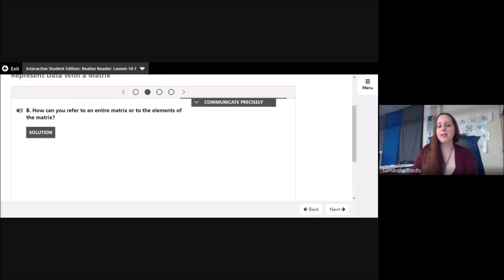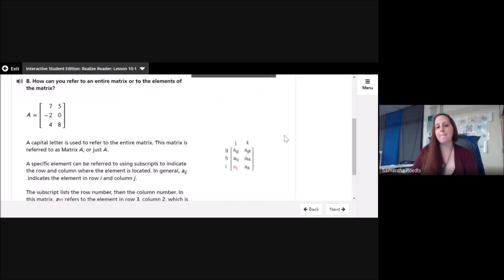How can you refer to an entire matrix or to the elements of the matrix? A capital letter is used to refer to the entire matrix. This matrix is referred to as matrix A, or just A. A specific element can be referred to by using subscripts to indicate the row and column where the element is located. In general, A sub ij indicates the element in row i and column j.